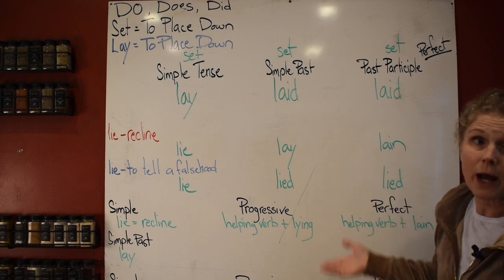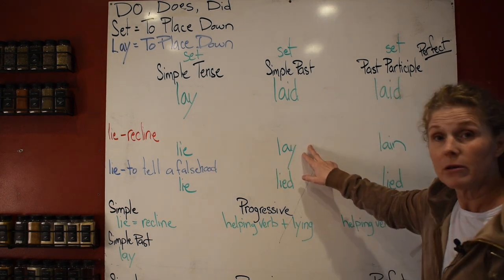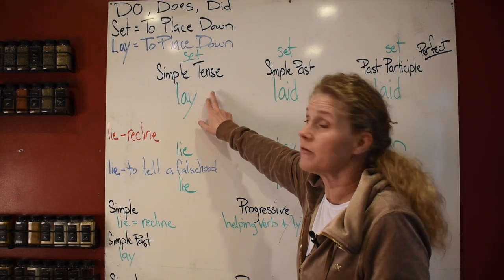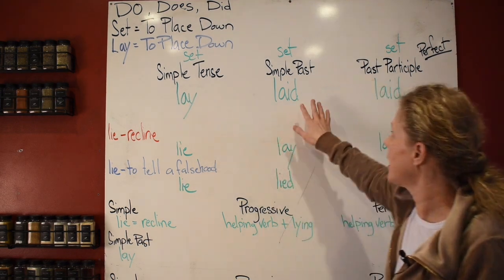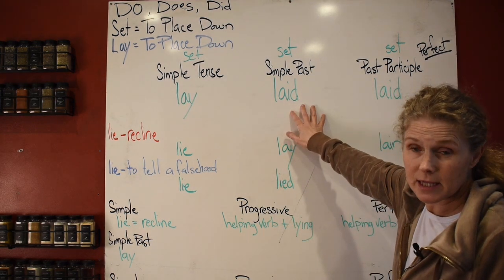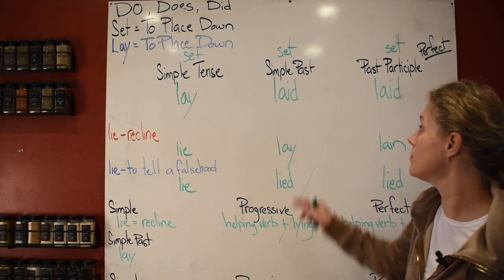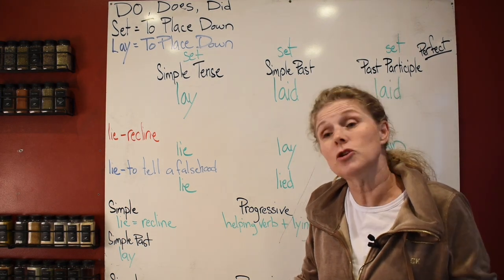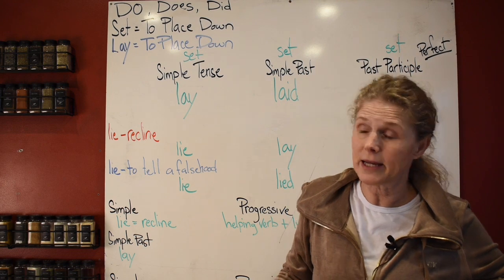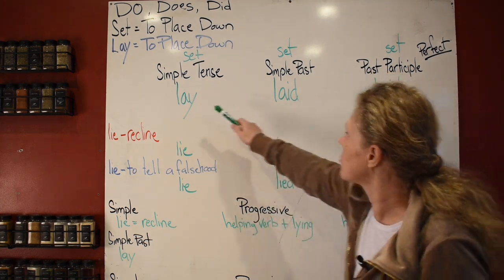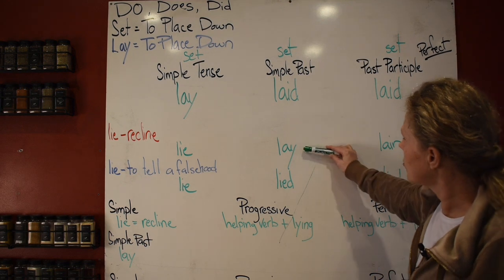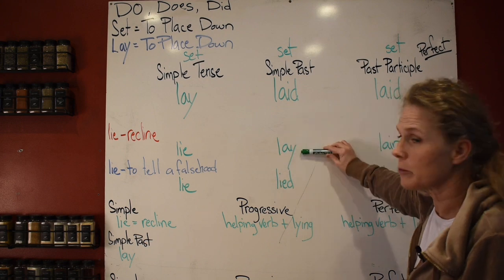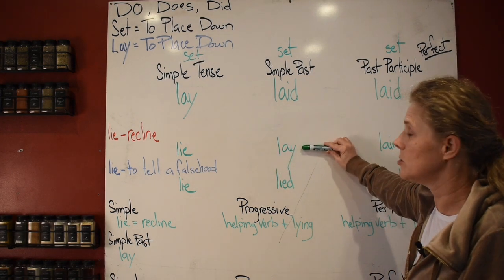See, you can't put an ed off of this. For one, actually this used to be that you could put an ed off of this. But then they moved it to this and made it irregular, and you almost accept both of them, but now the other one is non-existent. You probably can see it in old writings, but we're not using that anymore with the ed. But you can't even put an ed on this word because that is the simple past. That's the word you need to be using.